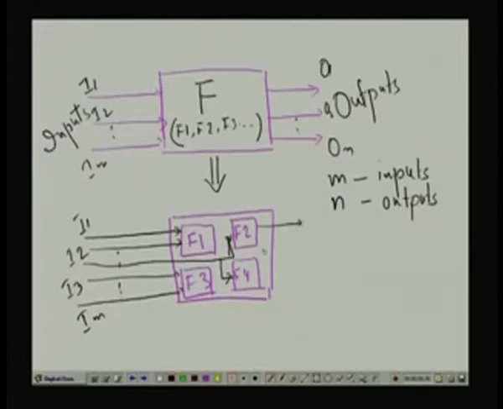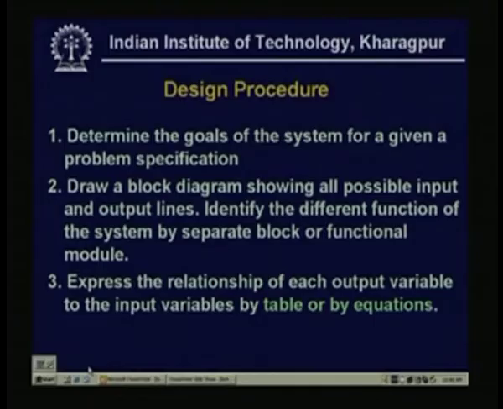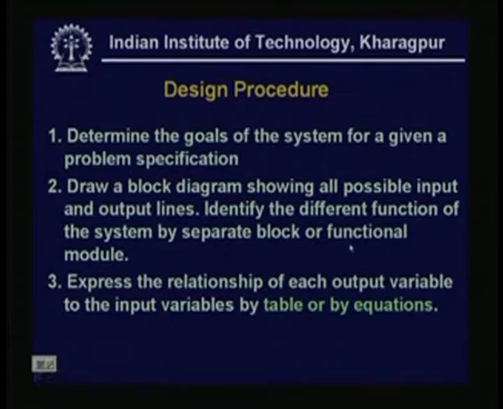Similarly, the outputs can be. So, the original function is partitioned into smaller modules and identify that blocks, and there are separate functional modules.